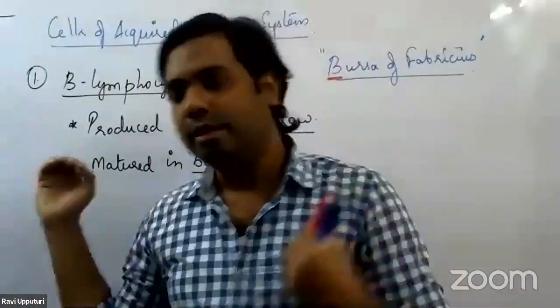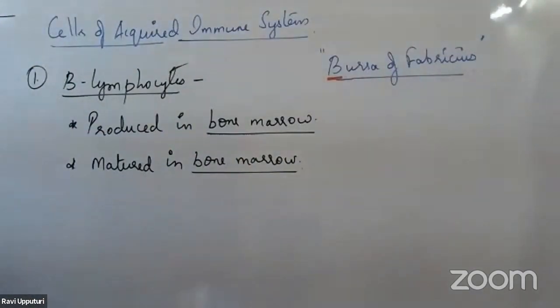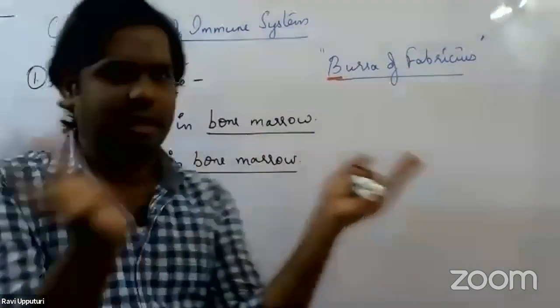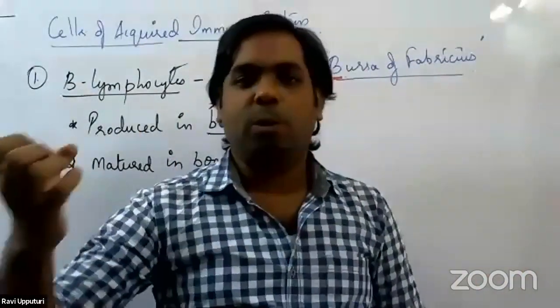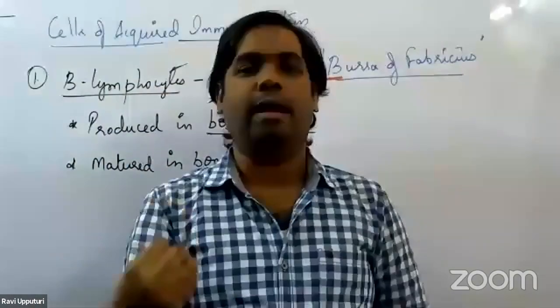Now, what is the role of B lymphocytes in our body? What does the B lymphocyte do? Let us consider the same scenario: suppose a pathogen has entered inside our body.